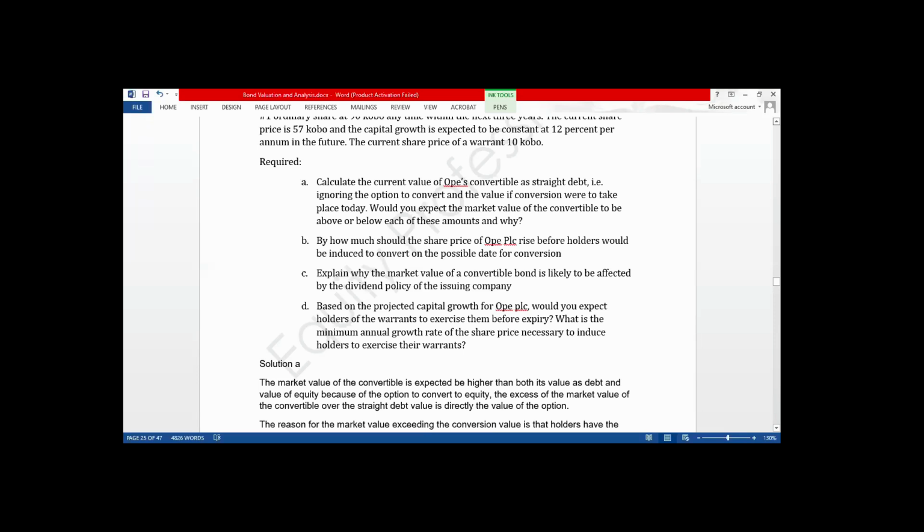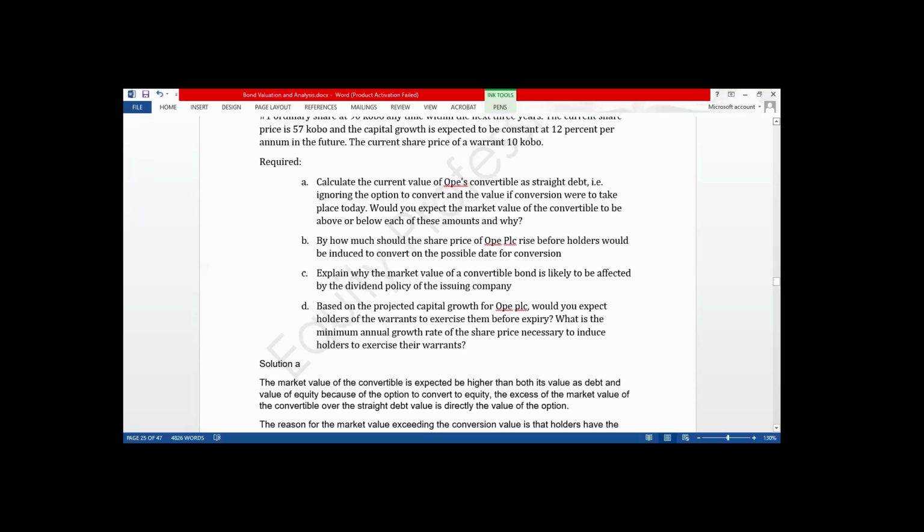That means you are going to determine the value as a straight debt. That is one. Number 2, the value of the convertible if conversion were to take place today. You need to determine the conversion value, assuming conversion happens today.